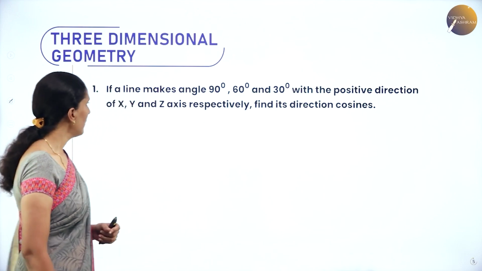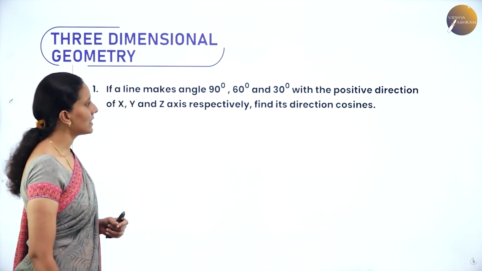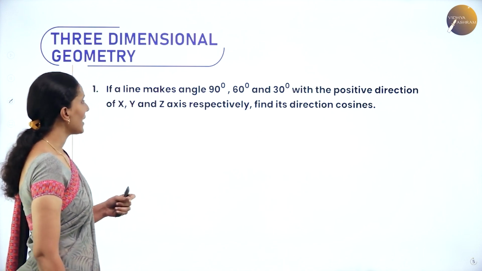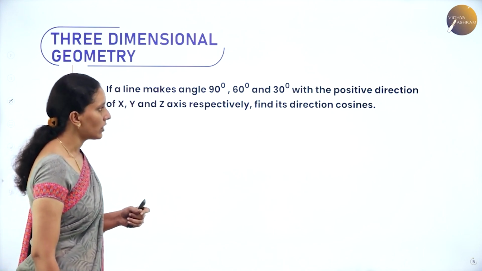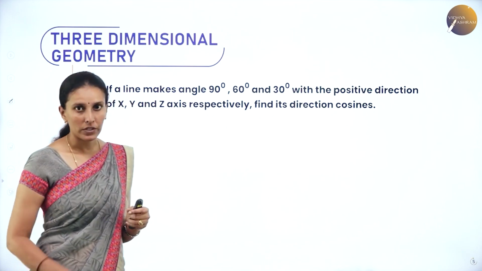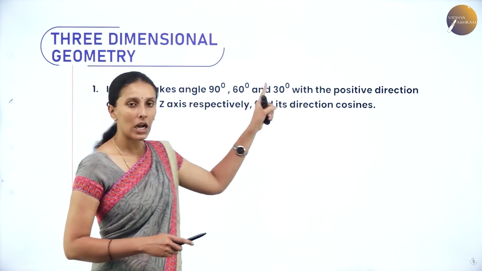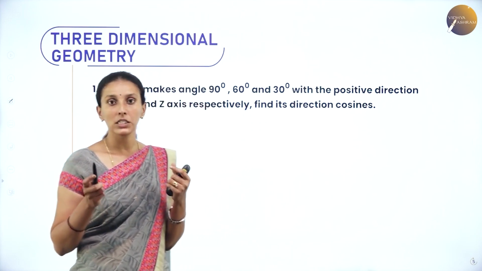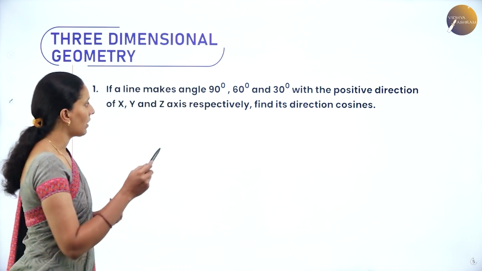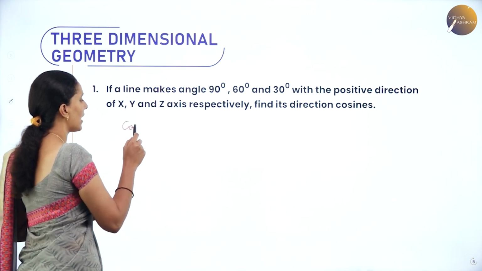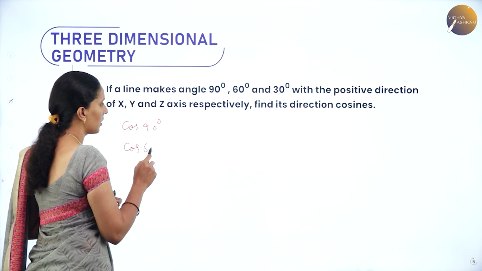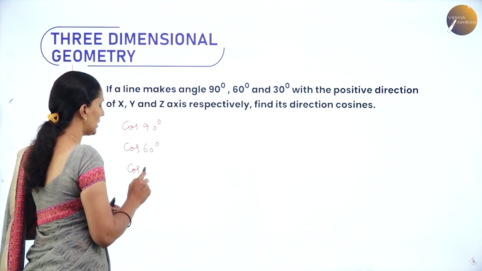Now here we have, if a line makes an angle 90 degree, 60 degree and 30 degree with the positive direction of x, y, z axis respectively, find its direction cosines. So they have given alpha, beta and gamma. We need to find out cos alpha, cos beta, cos gamma. That is the direction cosines of the given line. So we have here cos 90, then we need to find out cos 60, then we need to find out cos 30 degree.